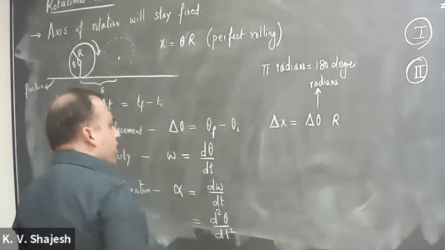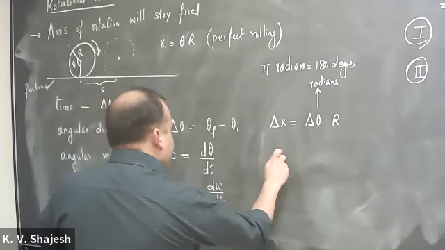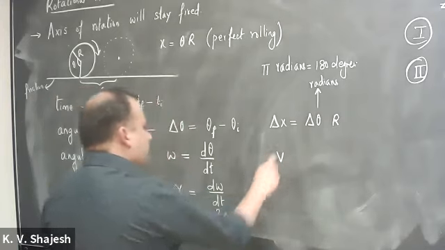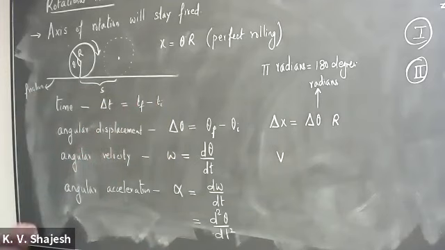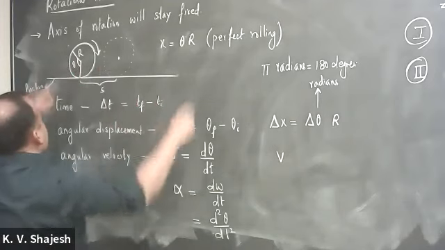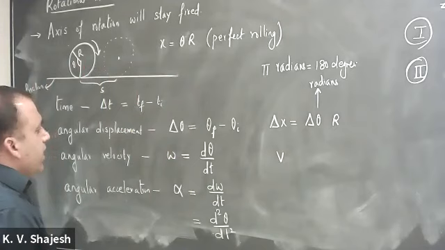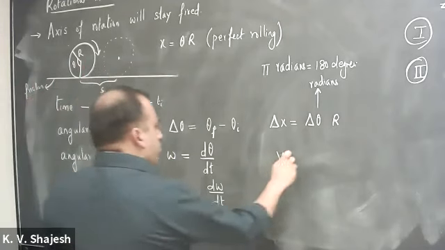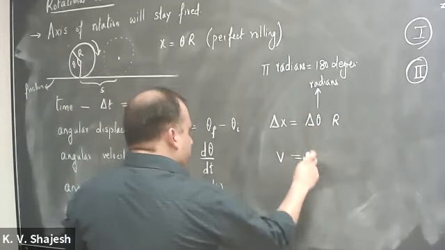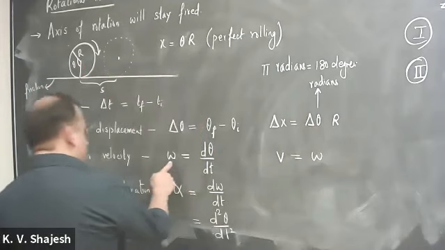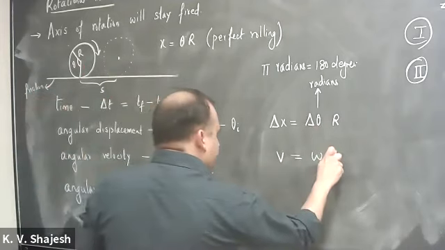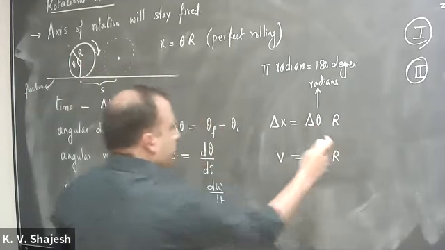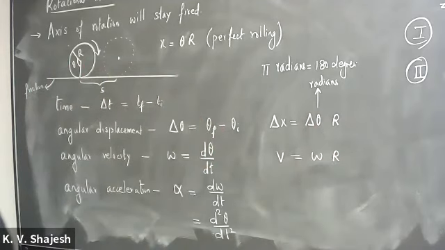Now we have omega, but the linear velocity is v, which is translational velocity. How fast is the center of mass moving as it is going down the road? That's equal to the rotational velocity omega multiplied by radius r. It's very convenient that way.